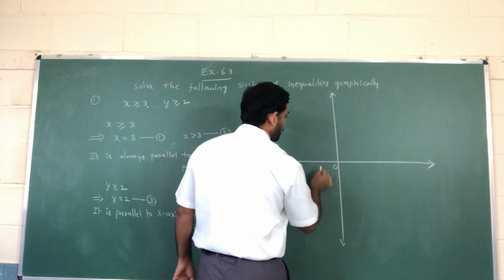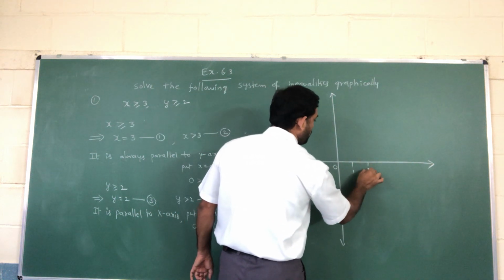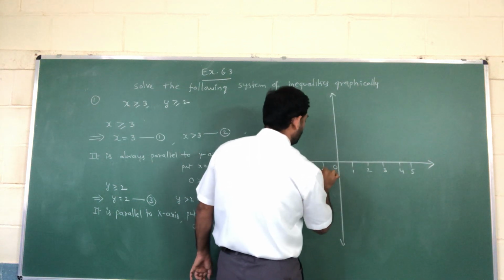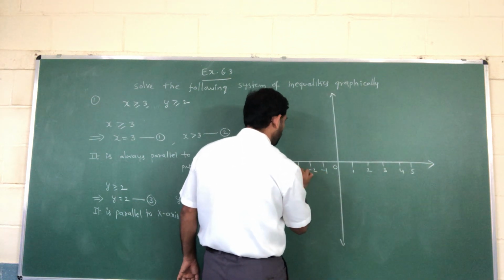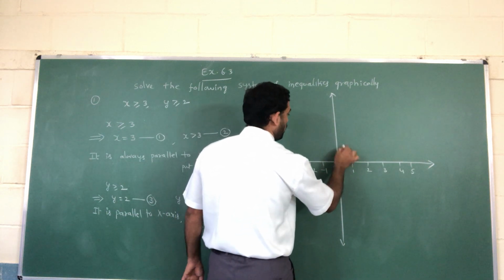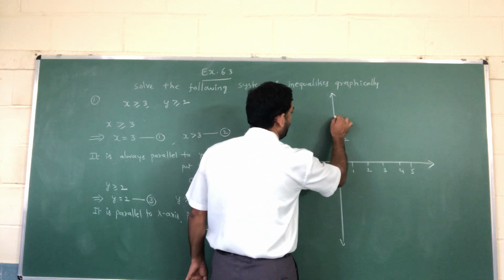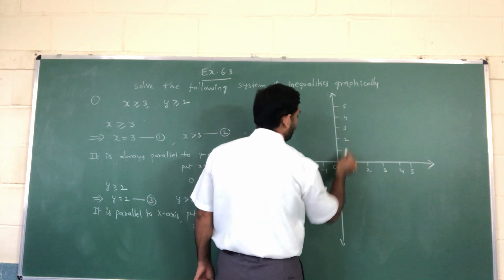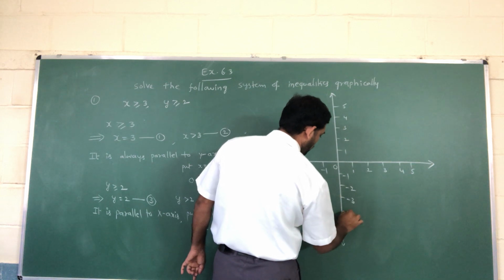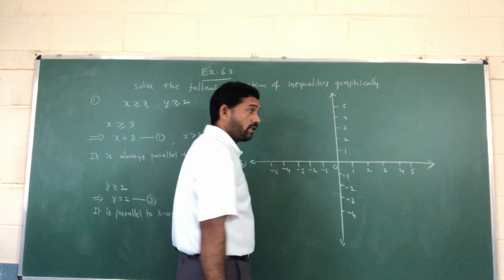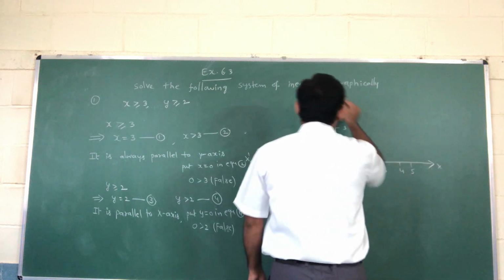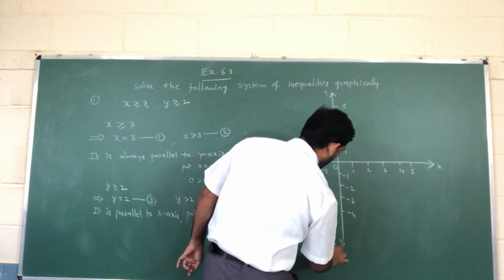Measurements: 1, 2, 3, 4, 5 and -1, -2, -3, -4, -5. This is x dash, this is x, this is y, this is y dash.